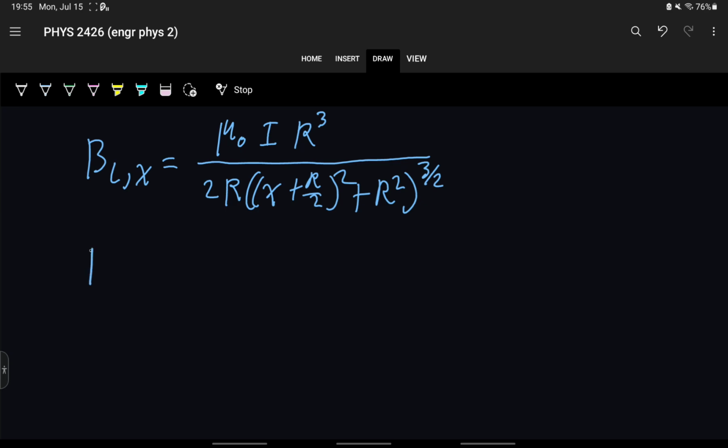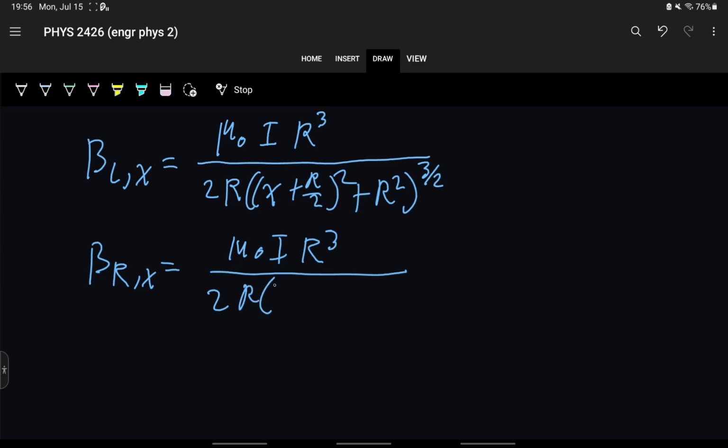And then we have b sub r of x, that's going to equal mu sub 0 times I times r cubed, divided by 2 times r, open parentheses, x minus r over 2, all that squared, plus r squared, all to the 3 halves.